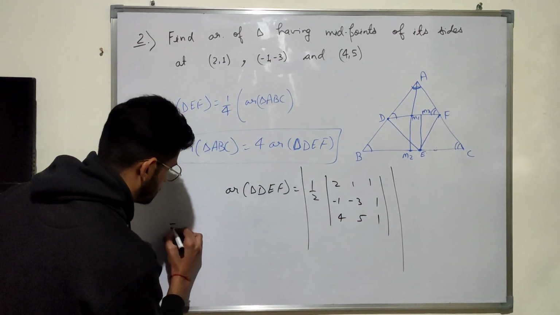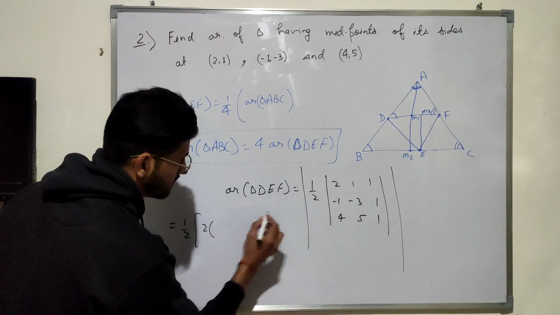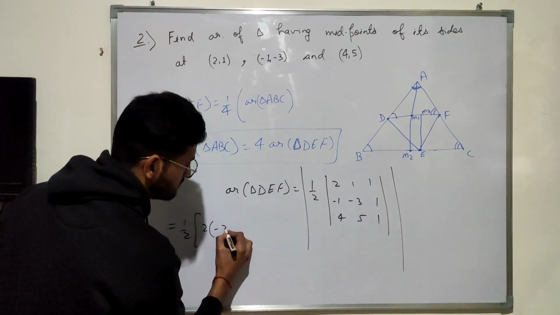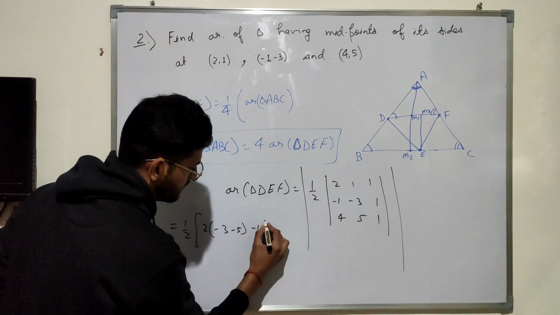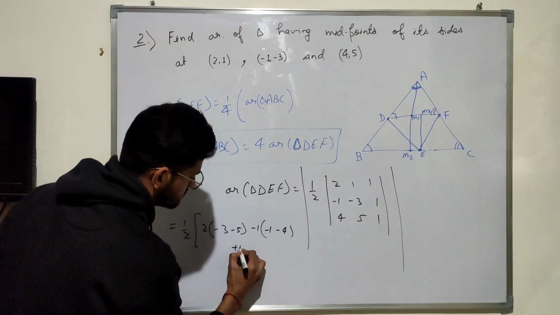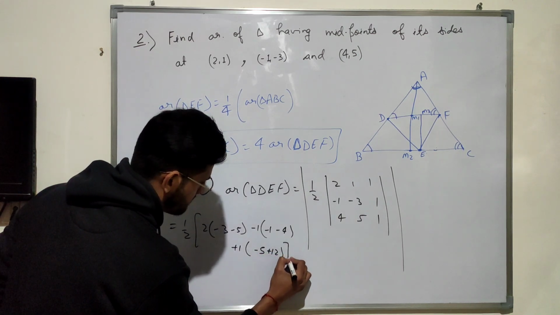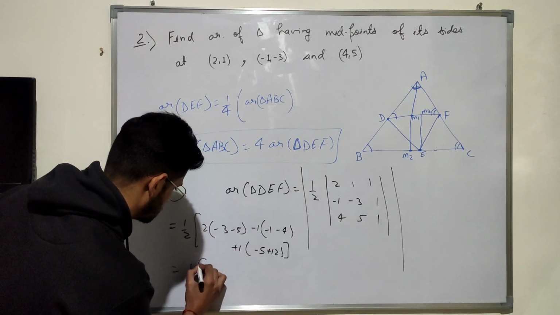We will solve it. Half of 2 multiplied by (-3 - 5), minus (-1) multiplied by (-1 - 4), plus 1 multiplied by (-5 + 12). So we will solve it.